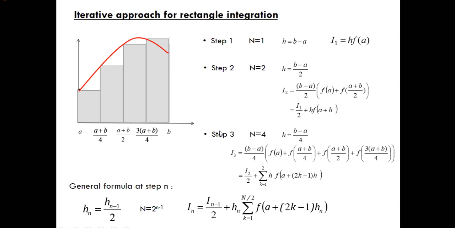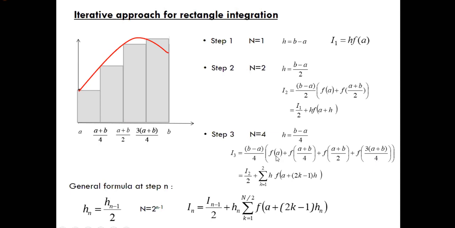At step 3, you double the number of sub-intervals, so N equals 4, and you can express it as f of a, f of a plus h, f of a plus 2h, f of a plus 3h.